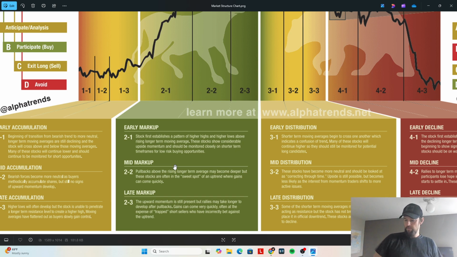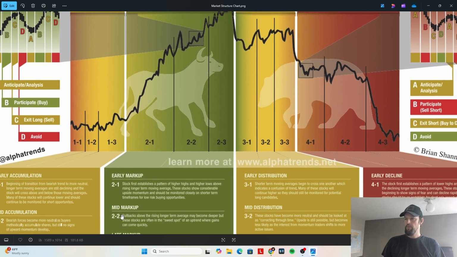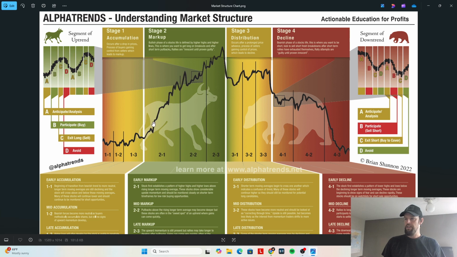So when we're looking for the master pattern, which I'll explain shortly, we're looking for that right in this area. Okay, if I zoom all the way out, we're looking at it in this area. This is after the breakout of the accumulation phase, when the buyers start to take control and move price up. So this spot right here, okay, if you look at the picture of the bull there, the bull's leg, right? That's where we want to start looking for buy points.